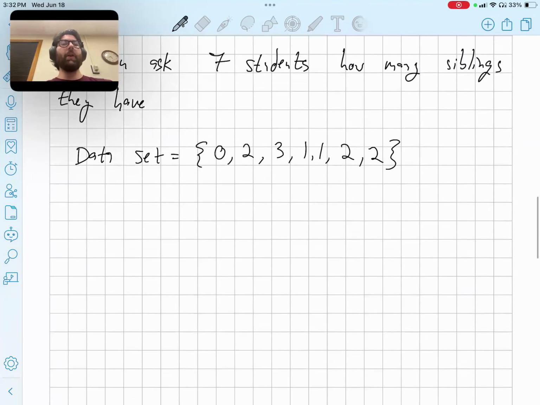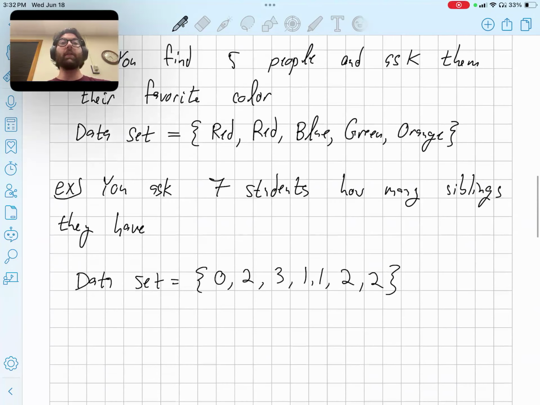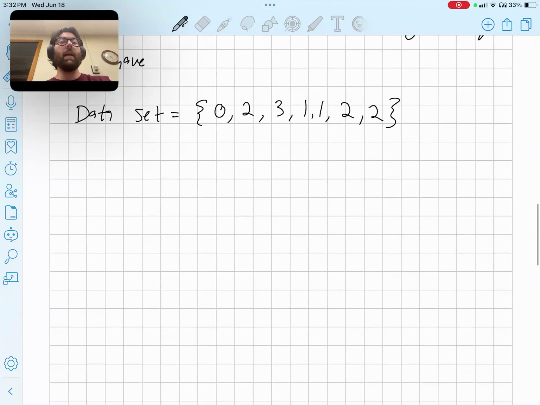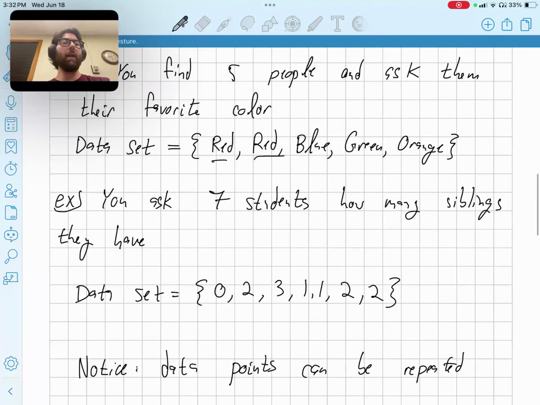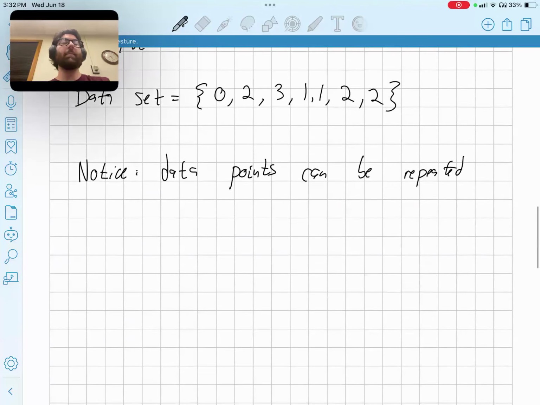Okay, and so these are just examples of data sets. It's as if you made a survey or a quiz or something like that. And the data set is just all of the responses of that survey. And notice data points can be repeated. So here we've got multiple 2s, we've got multiple 1s, we've got multiple reds. So data points can be repeated.